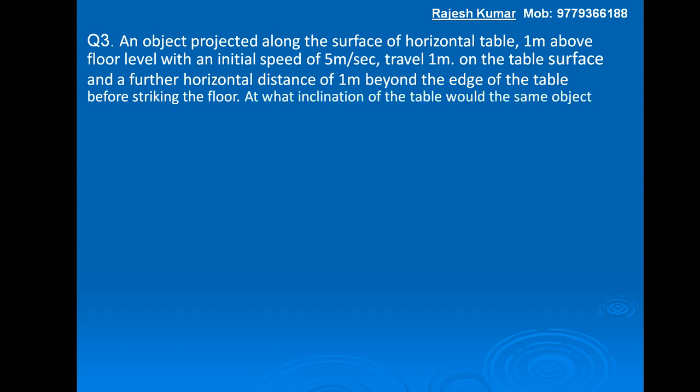At what inclination of the table would the same object slide down without acceleration? Take g is equal to 10 meter per second square.